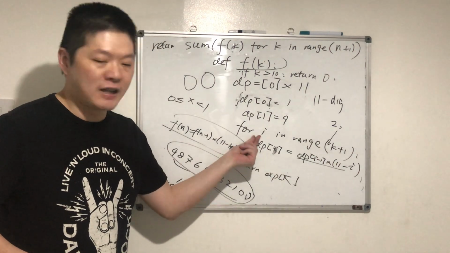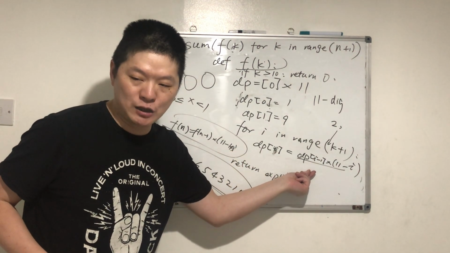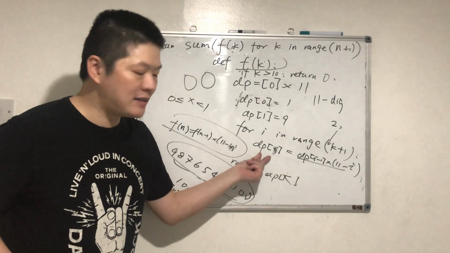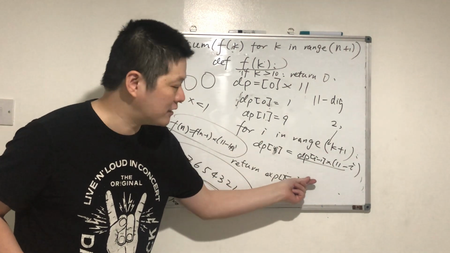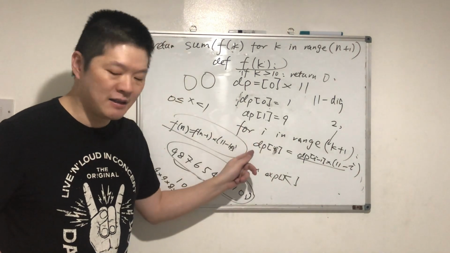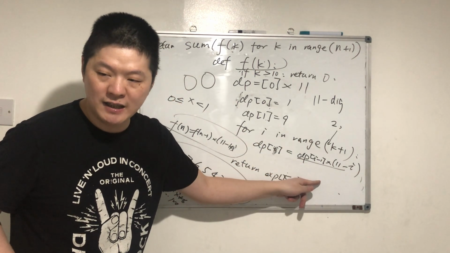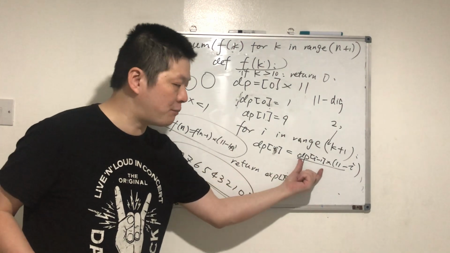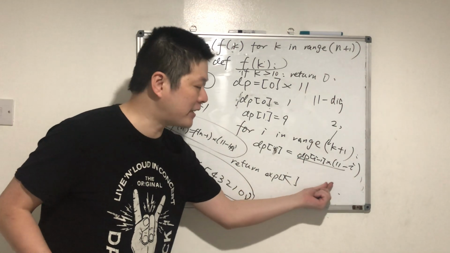Because look, in order to calculate dp i, I need to calculate dp i minus 1. This is the relation between dp i and dp i minus 1. So you can calculate dp i based on its previous item, a smaller problem, with this 11 minus i equation. How do you get the 11?